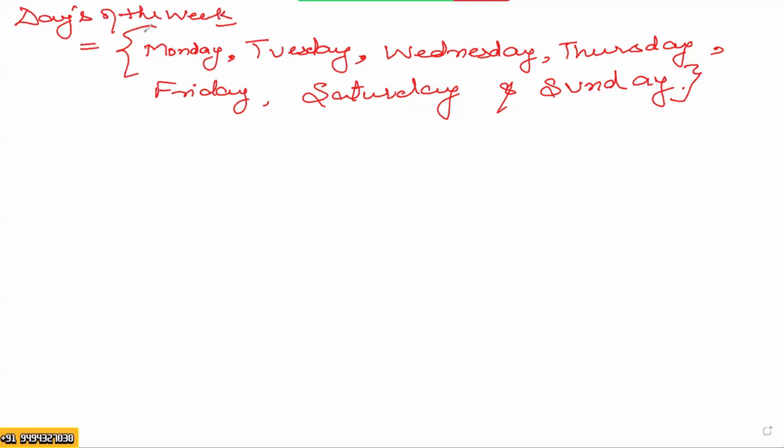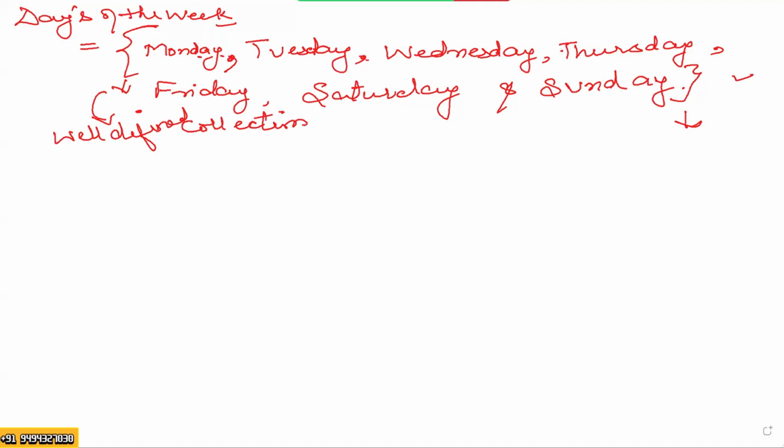And when you are writing these days' names within these brackets, and each day is separated by a comma, then this is called a collection. And which collection? Well defined. Because by seeing this collection, you can tell whether this is a set or not.